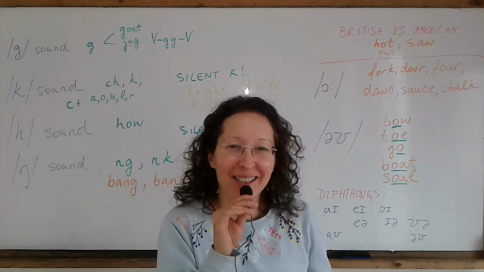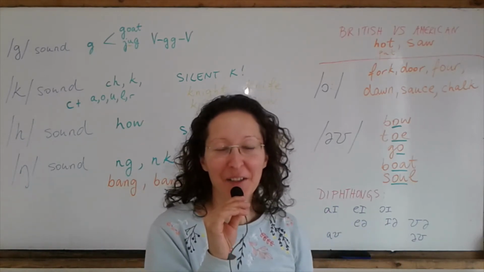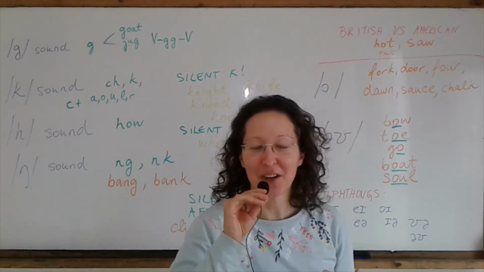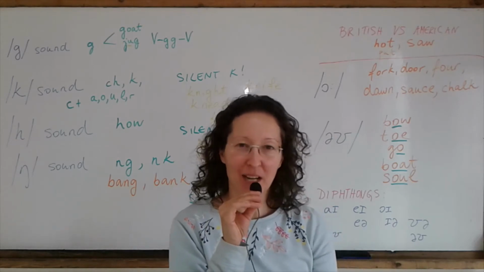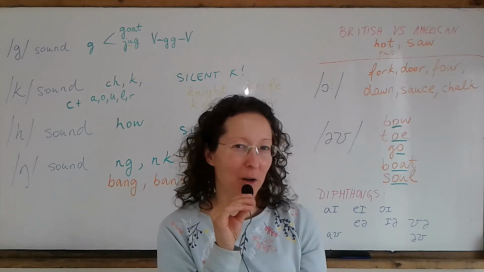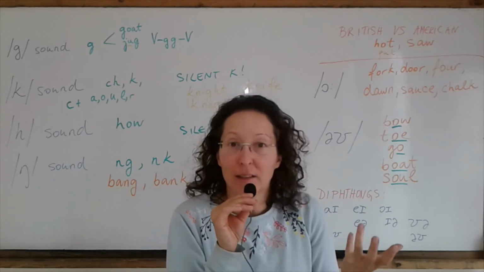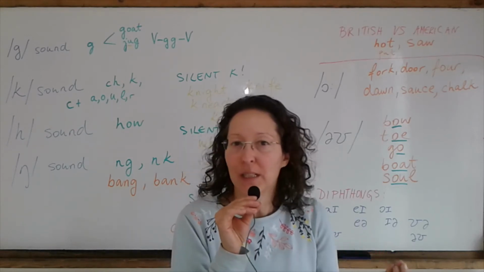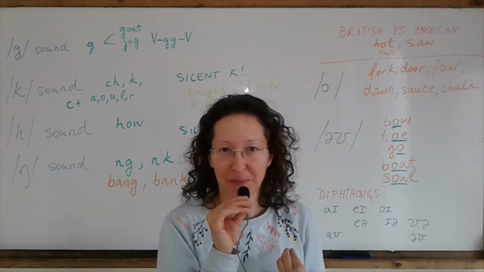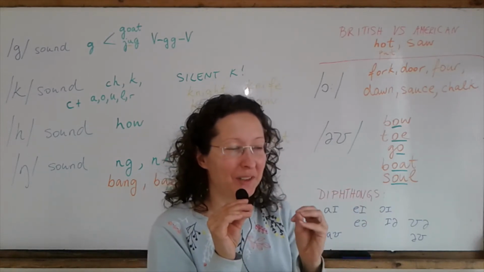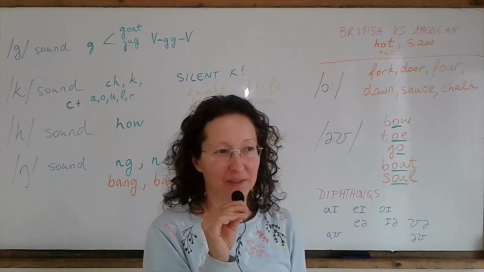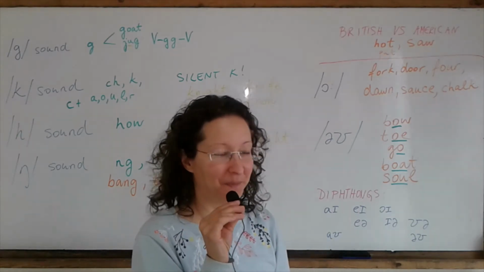So let's finally talk about the diphthongs. The diphthongs are interesting because they are the combinations of the vowels. They're 2 vowels together that we understand as completely one unit, completely separate from just one vowel, or the long vowel.